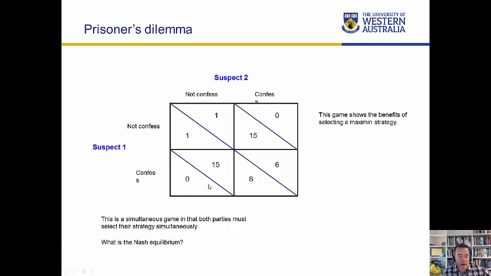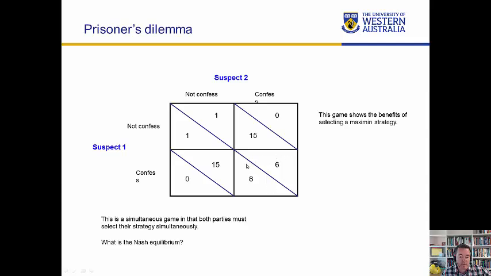Now, it always makes sense to actually play your dominant strategy in a game like this, and the dominant strategy is confess, confess. And so we're in a situation where the solution to the game, by following the dominant strategy, is 6 years and 6 years for each prisoner.